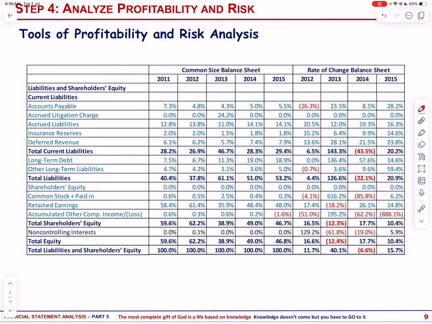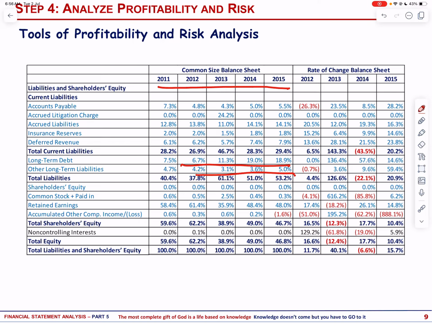Then, if you look from 2011 to 2015, Starbucks relied more on liabilities to finance its operations, with the proportion increasing from 40% to 53.2% on the common size statement.